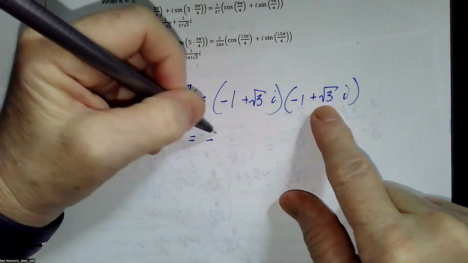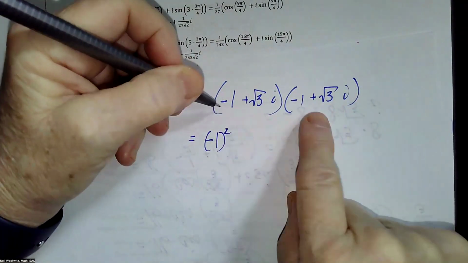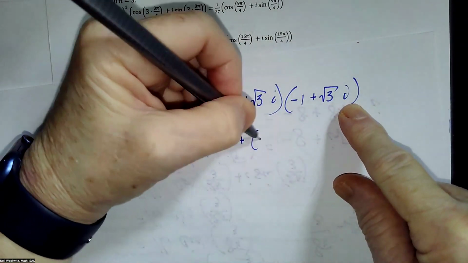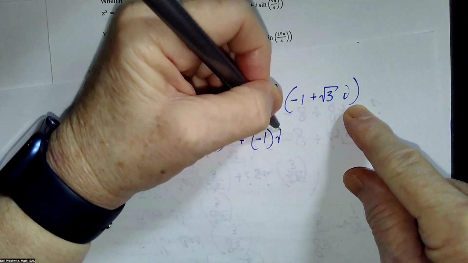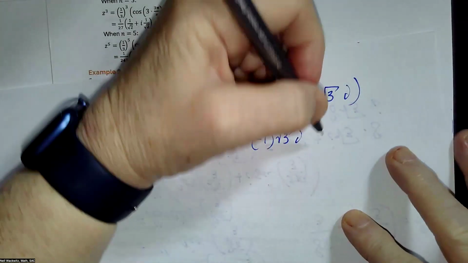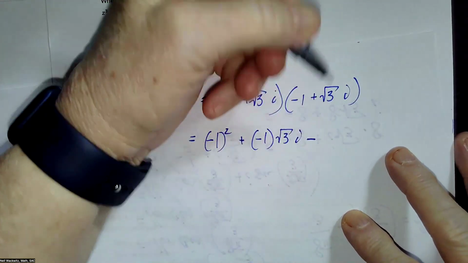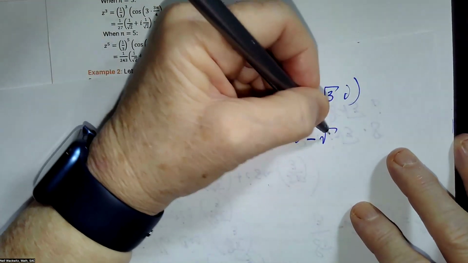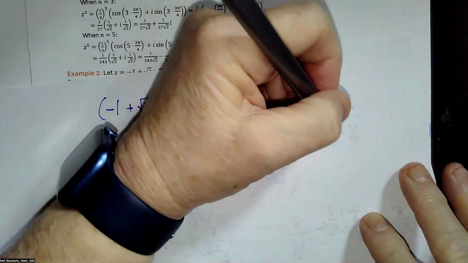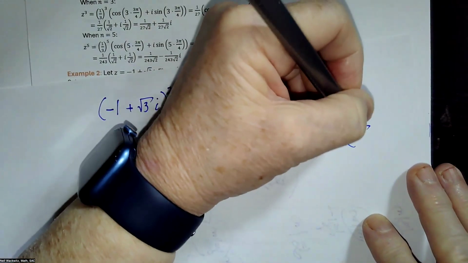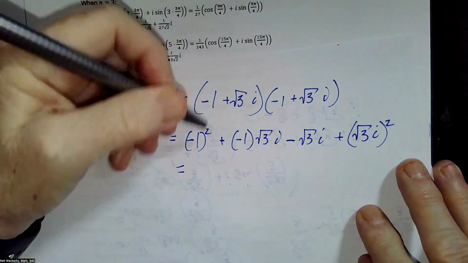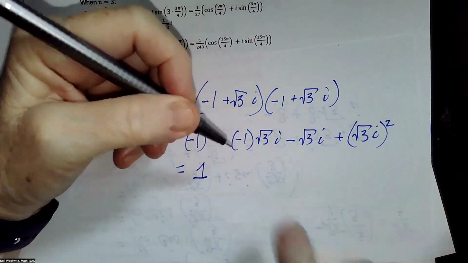So we get negative 1 squared plus negative 1 times the square root of 3i, minus square root of 3i, plus square root of 3i squared. And that's 1.